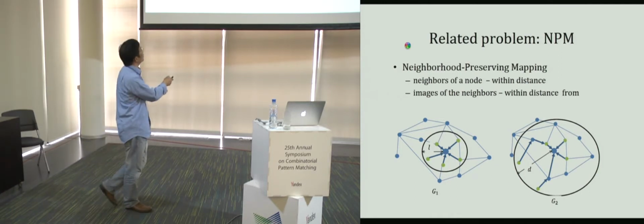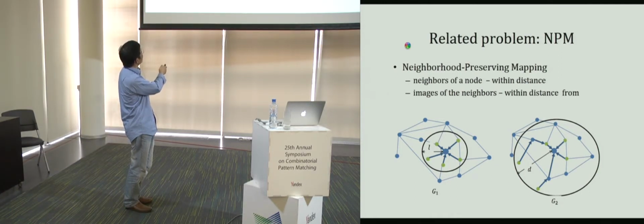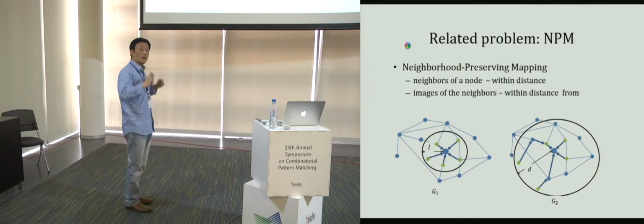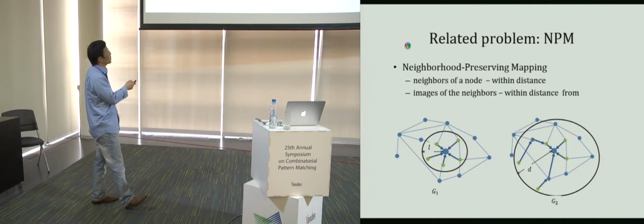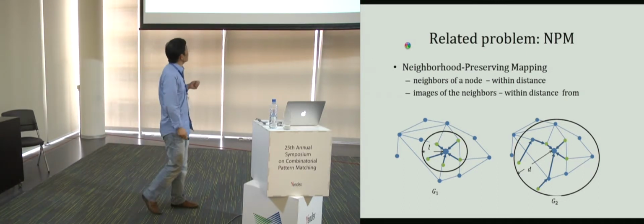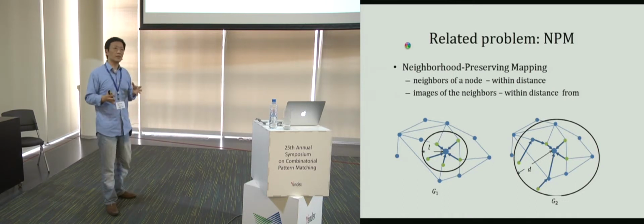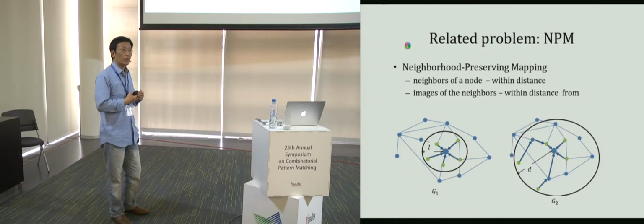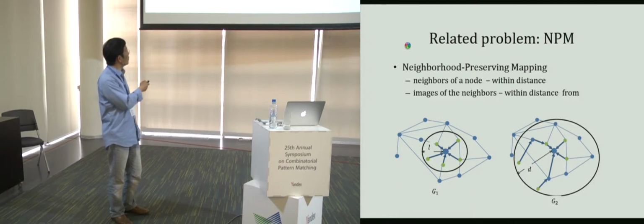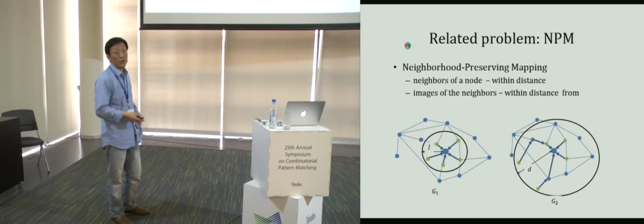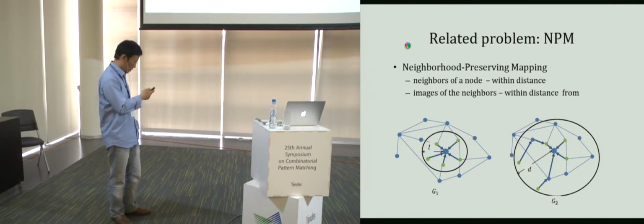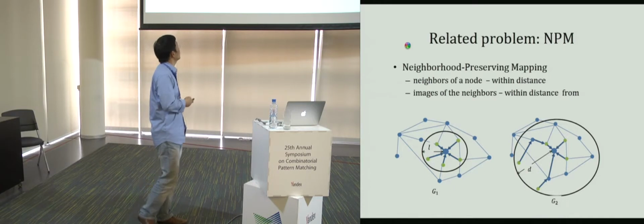We require for each of these labels that if this has distance d, the distance between their images must be bounded by d, for each of these labels. You can say that this is not as flexible as the new model, because we require this distance upper bound for each of these labels. Okay, this is the model, the definition.